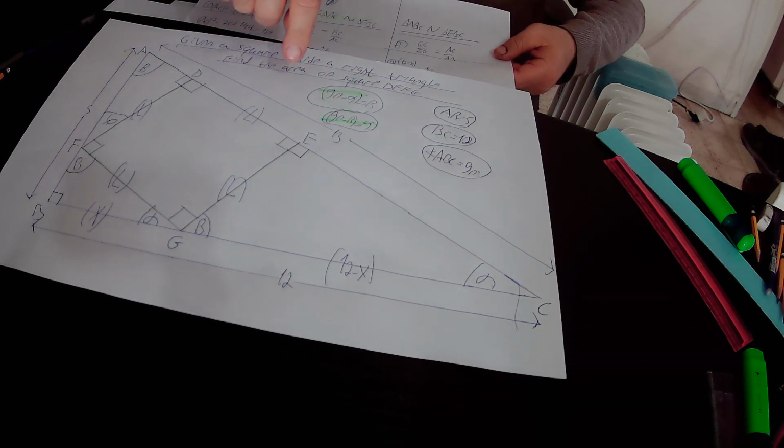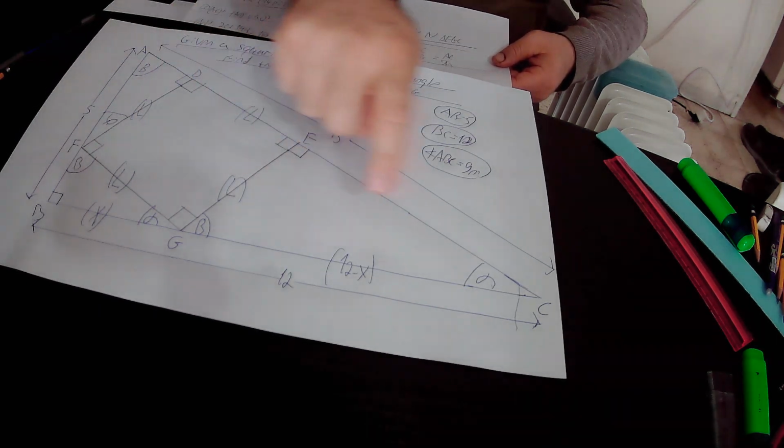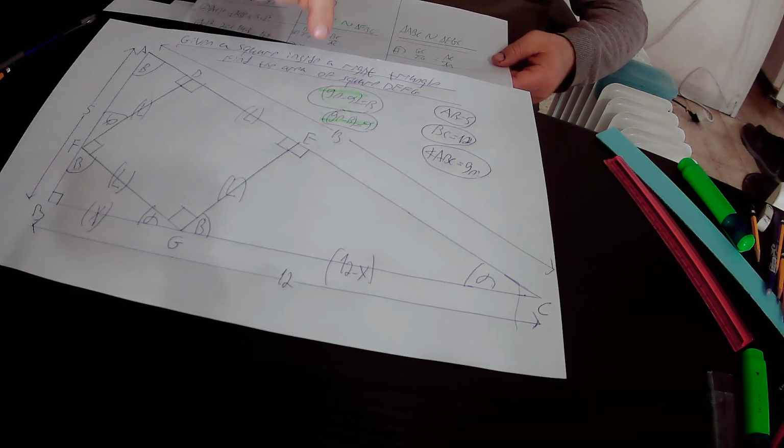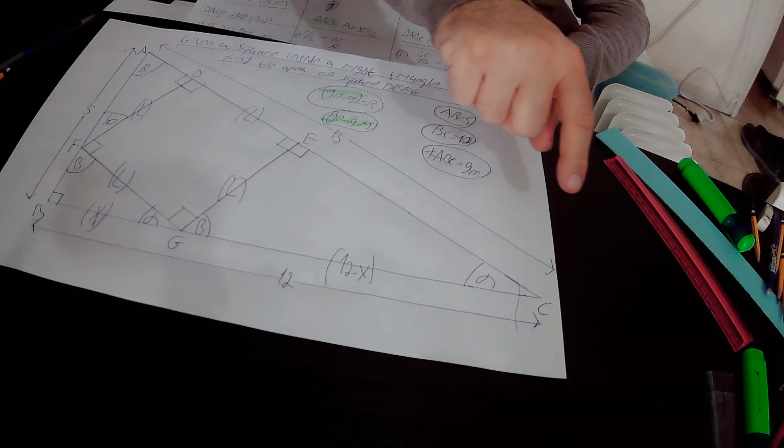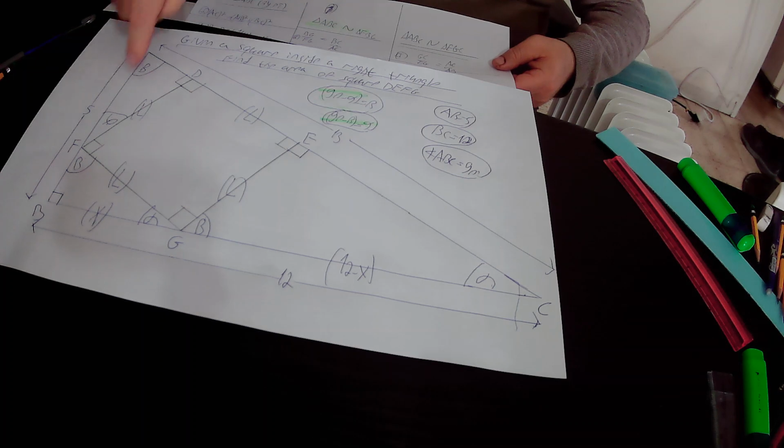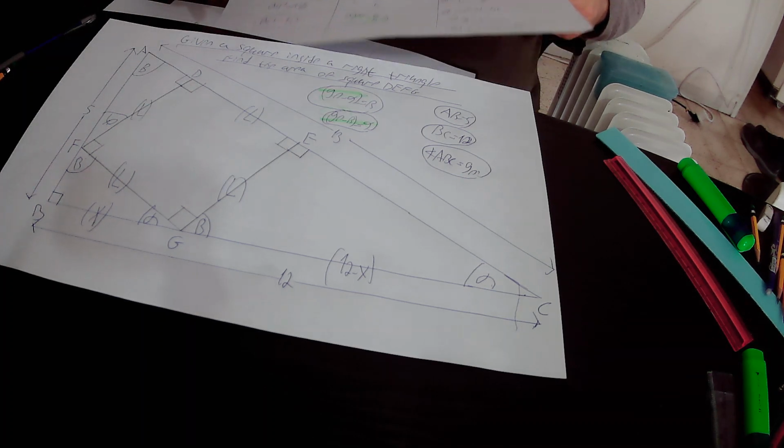So, side GC over EG in the right triangle EGC equals AC over AB in the right triangle ABC.